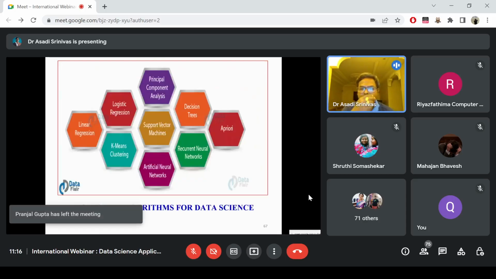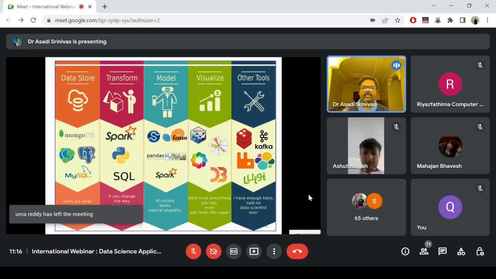So the top 10 algorithms I have explained already, linear regression starts with, and the Apriori algorithm. Each algorithm I am going to demonstrate through Python programming. Okay, and these are the various tools I'm using. For data storage, I'm using MongoDB and Hadoop, MySQL. For transforming the data, we are using Spark and Python SQL.